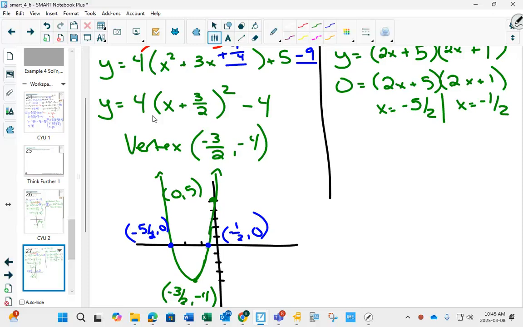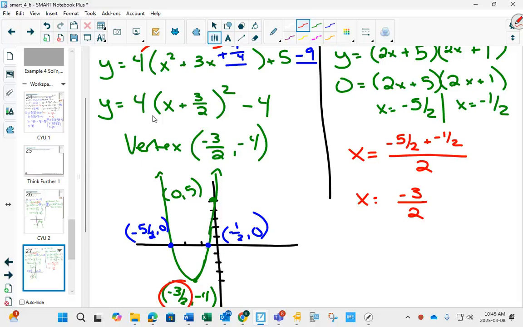I would have to find my axis of symmetry, which is going to be the average of my x-intercepts divided by 2. -5 plus -1 would be -6. -6/2 on the top will be -3. And I still have to divide by 2. Look at that. That matches up.